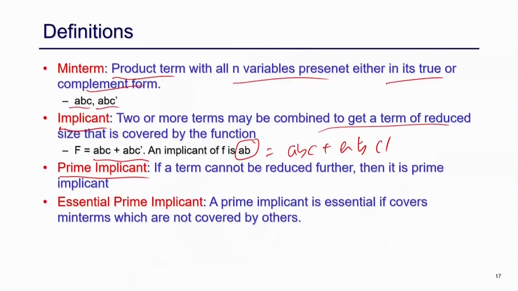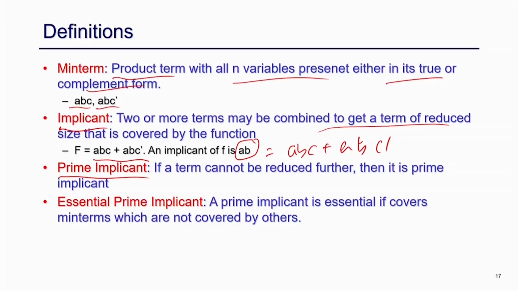But that is not correct, because our objective is that the onset is important: if any of them is 1, the function will become 1. So we will only bother about the onset, and never try to cover any offset, because that will change the functionality of the function. The important point here is that we have the min terms in the sum of product form, then we try to find the implicant.